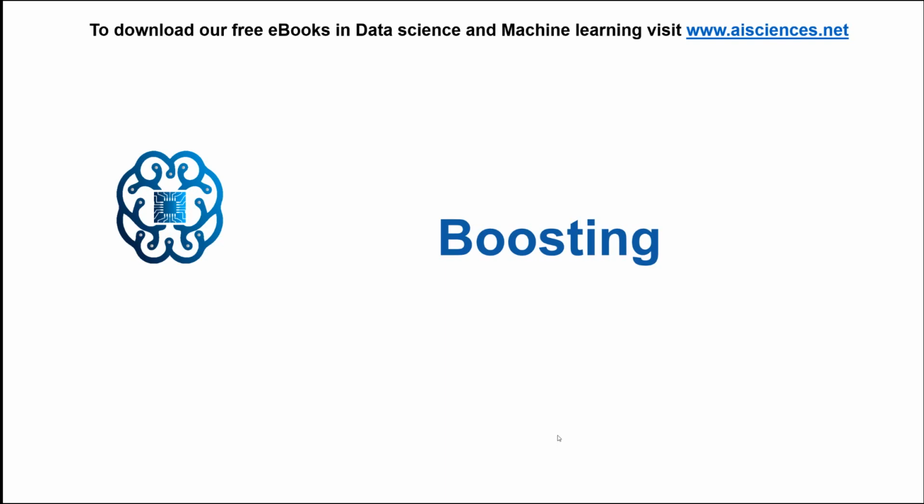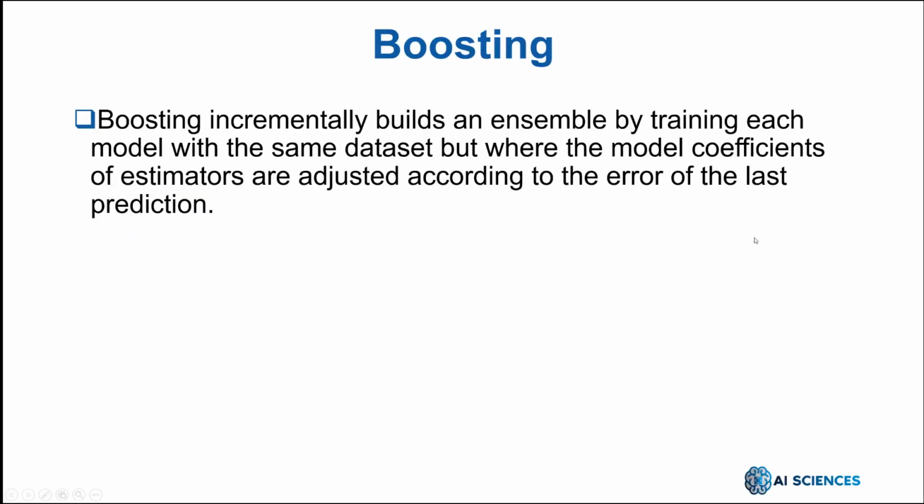Another machine learning model is boosting. Boosting is another model that makes a base estimator like a decision tree more powerful by making a sequential execution, and each subsequent estimator focuses on the weakness of the previous estimator.